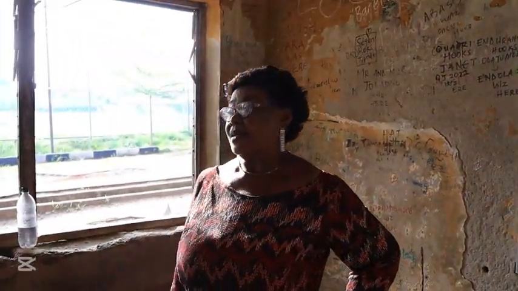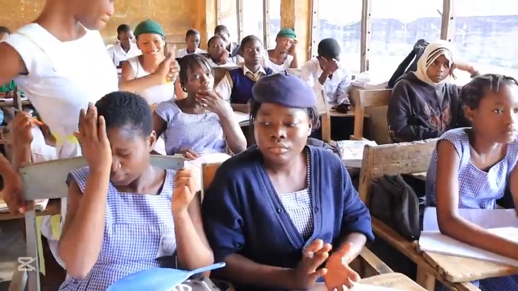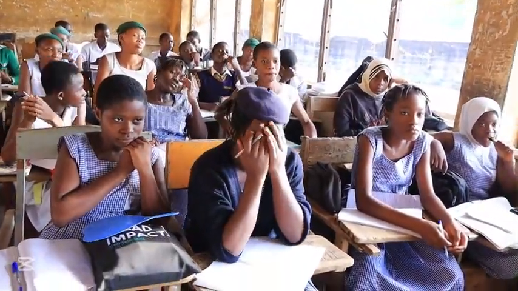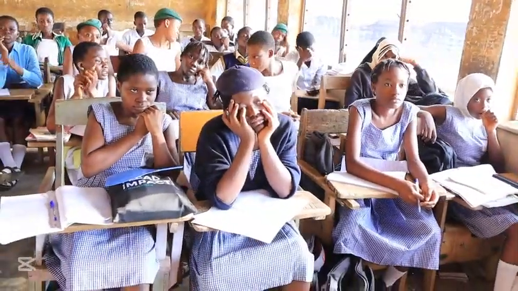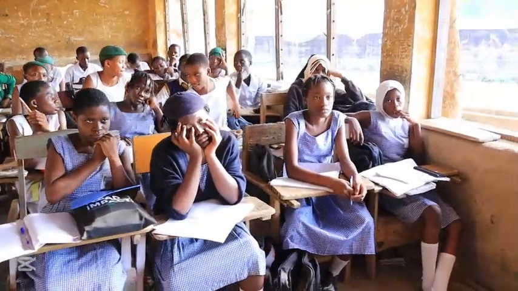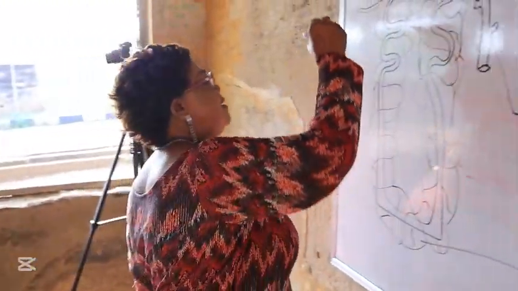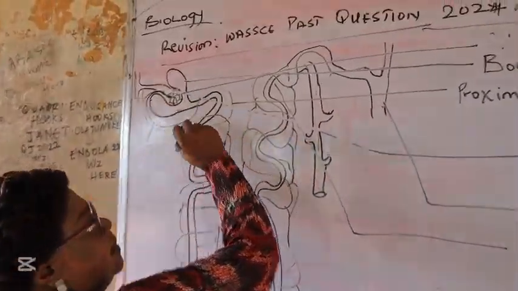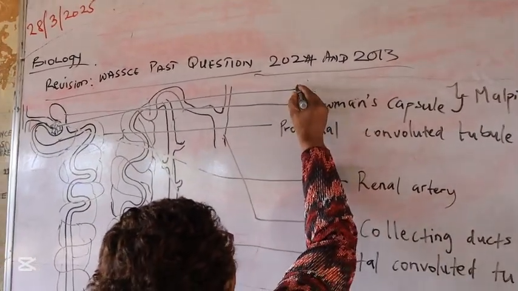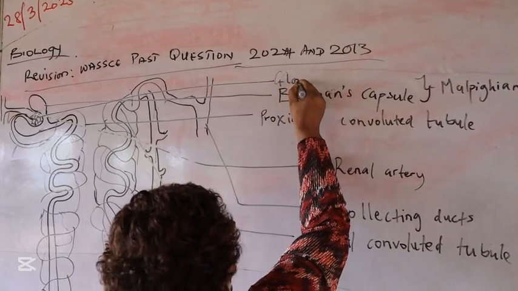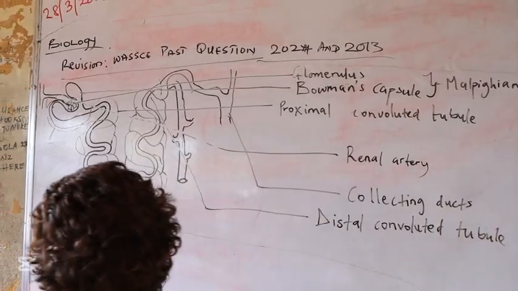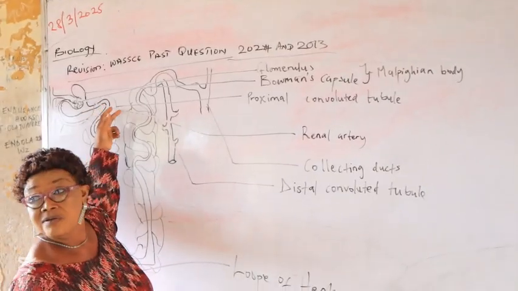Now, like I said, a clap. Yesterday we discussed where he wrote glomerular filtrates. There shouldn't be any filtrates there. That is glomerulus. Though it's wrong.